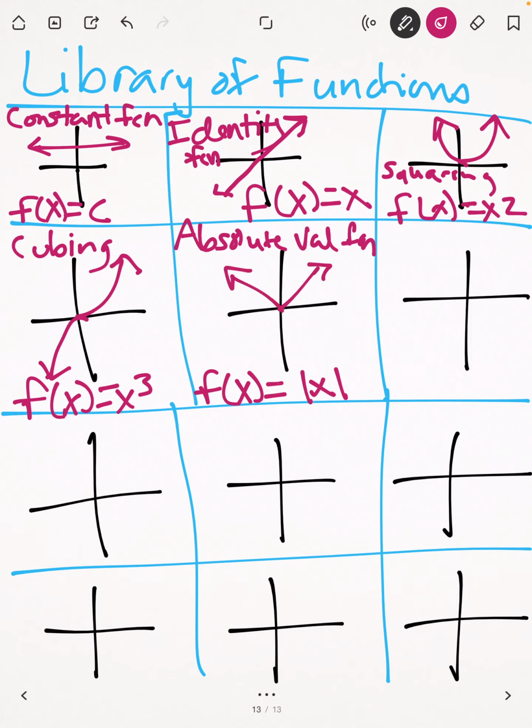It looks like a linear line on both sides. And in fact, our absolute value function can be defined piecewise as x when x is positive and the opposite of x when x is negative or 0. Right, because this piece is f of x equals negative x, and this piece is f of x equals x.